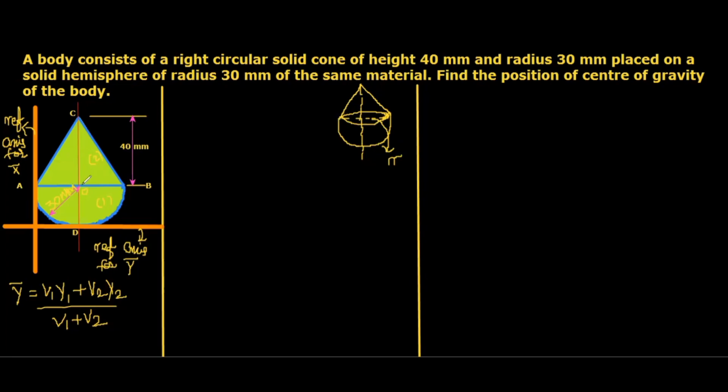So first, the volume of the hemisphere, and then the distance of the center of gravity of the hemisphere from the base or this edge, point D. Those formulas we discussed in a separate video, an overview of center of gravity. That video link is attached in the description box of this video. Same for the right circular cone, what will be the center of gravity, I explained in that video.